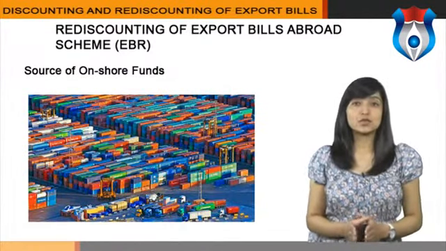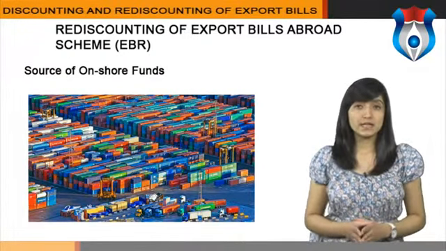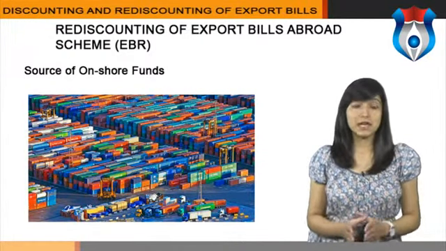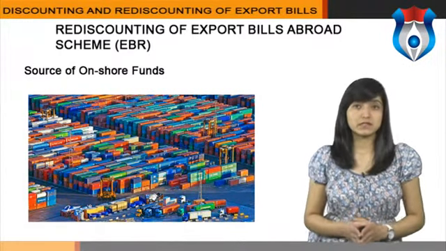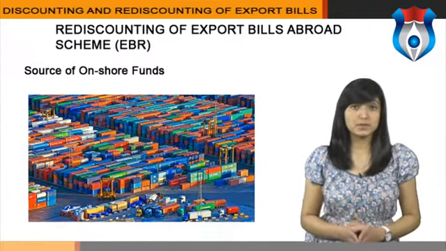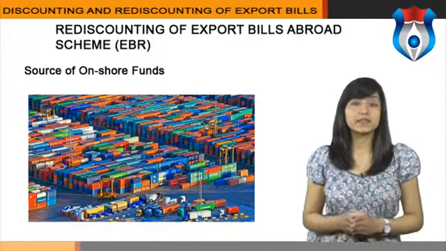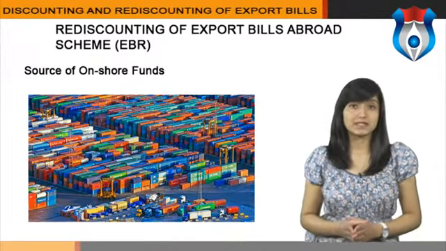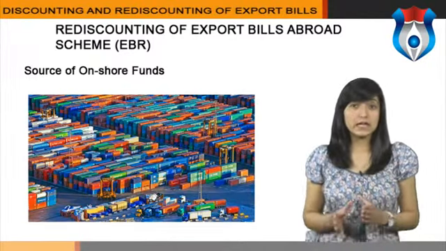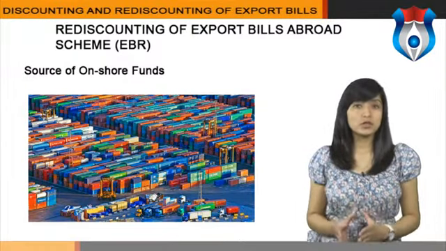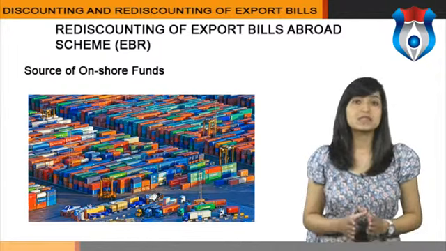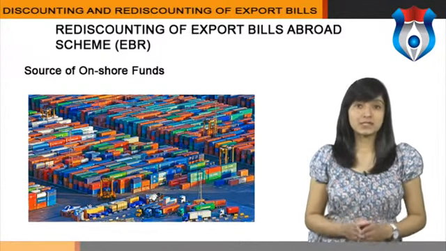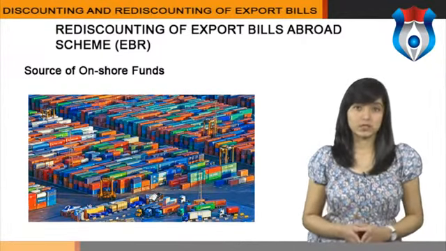To facilitate the growth of local market for rediscounting export bills, establishment and development of an active interbank market is desirable. It is possible that banks hold bills in their own portfolio without rediscounting. However, in case of need, the banks should also have access to the local market, which will enable the country to save foreign exchange to the extent of the cost of rediscounting.